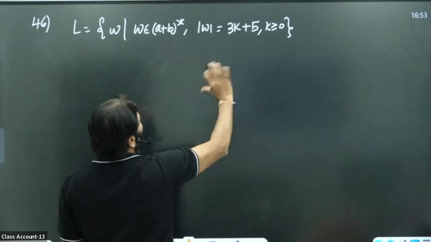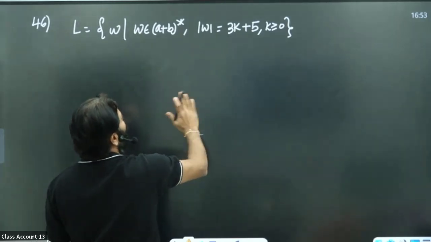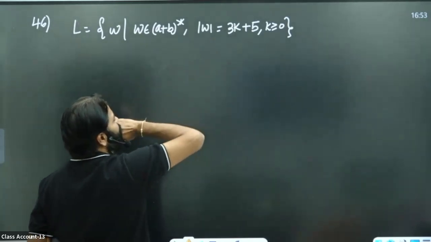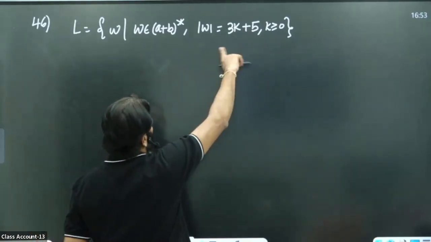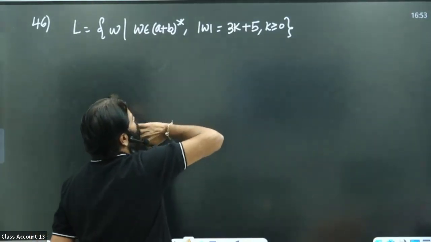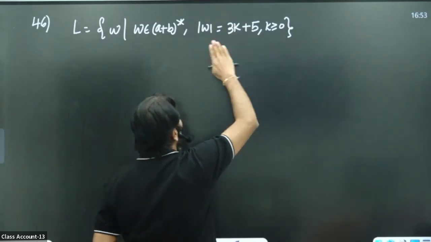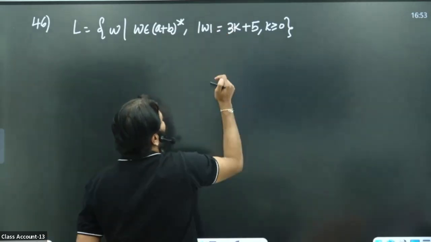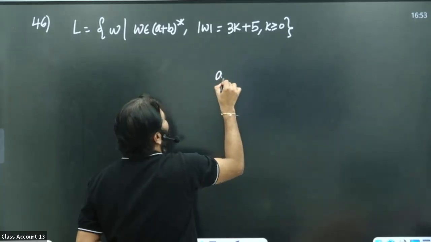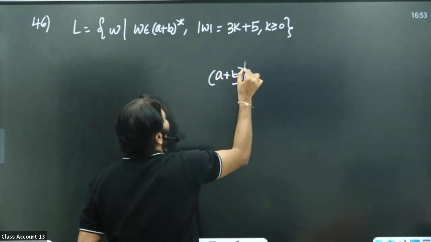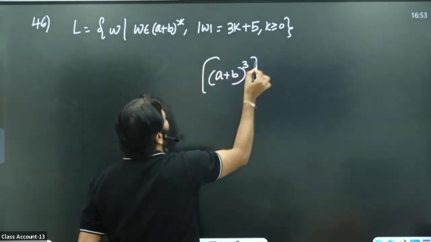This is not a 5 mod 3 concept. This is different: 3k plus 5. When you put k equal to 0, the minimum string is 5 length here, correct? By looking at this condition, you can easily write the multiple of 3 is there inside, that is (a plus b) power 3 whole star.